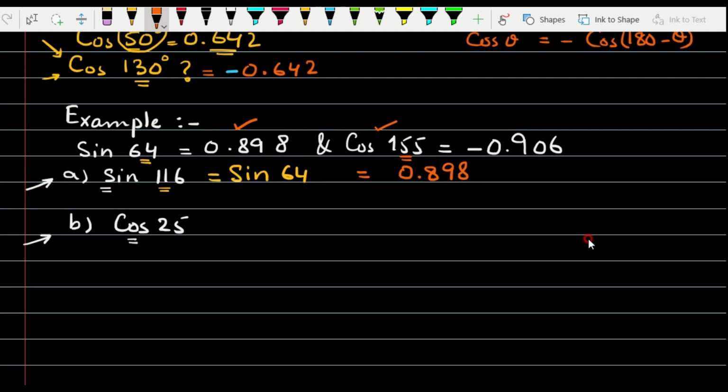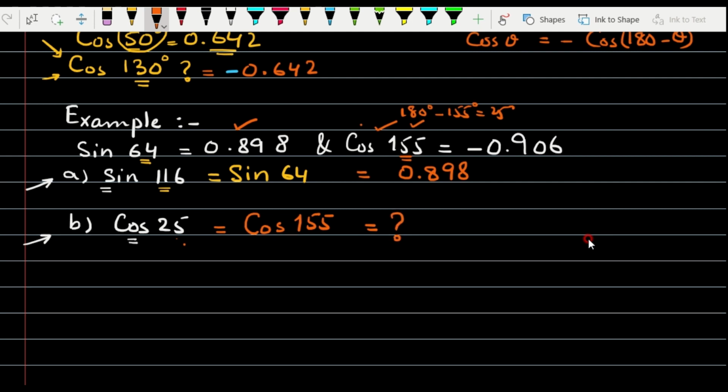Okay. So what about the cos 155? The supplementary angle of it, what? Once you subtract from 180 degrees, you can get the answer 25. The angle will be 25. So you can say that both angles will be same. But what will be the value?